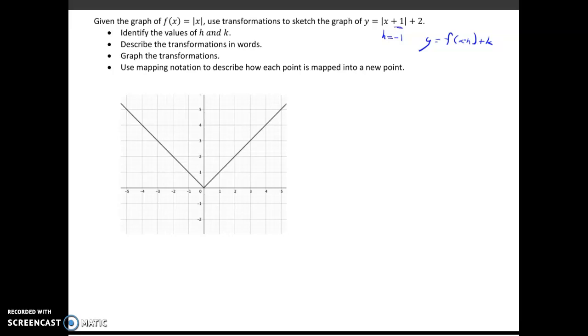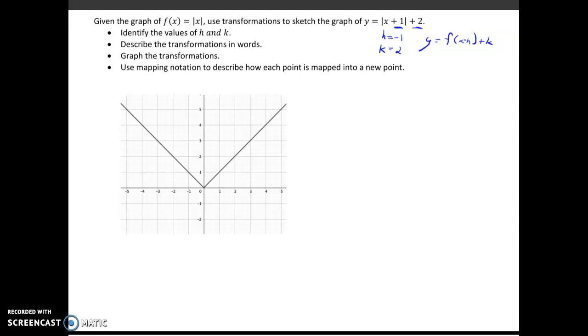This corresponds to h, and since it's x minus h, that would imply that h is actually -1 here, so that it could appear as x plus 1. The value of k is 2, because we shifted up 2 units. So we have identified the values of h and k.